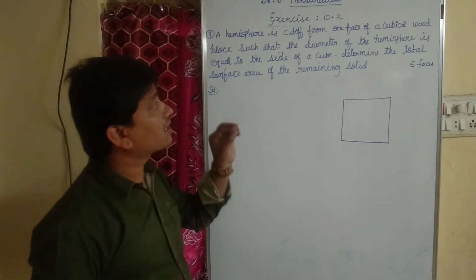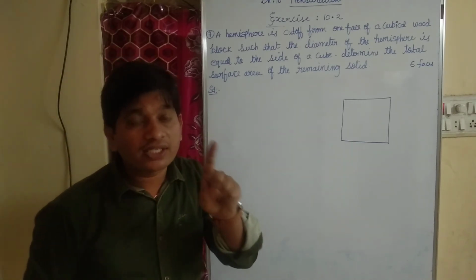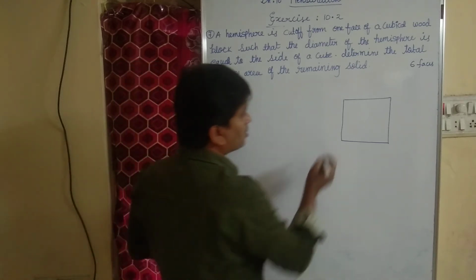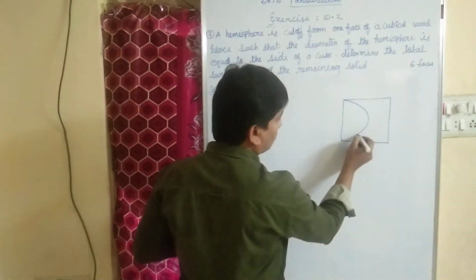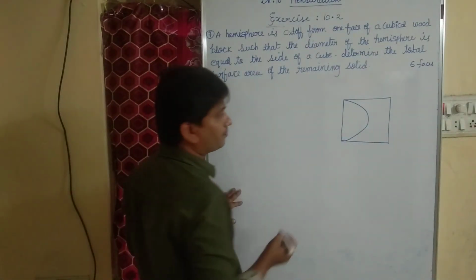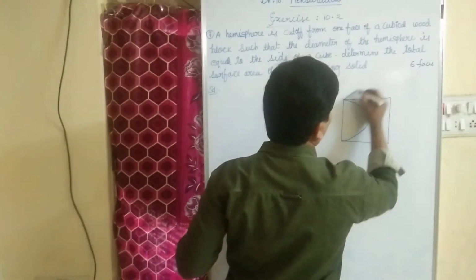Now a hemisphere is cut out from only one face of a cubical wooden block, right? So let me cut a hemisphere. This is our cube.